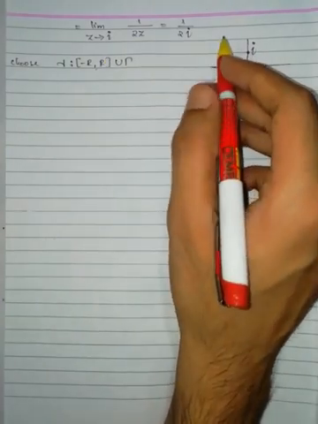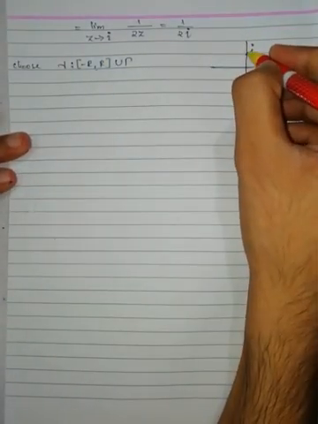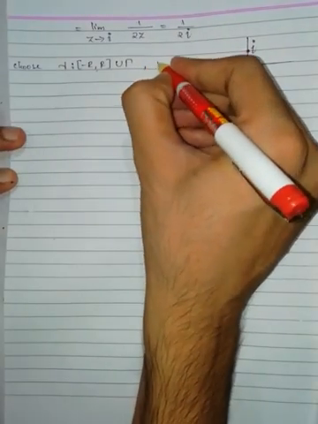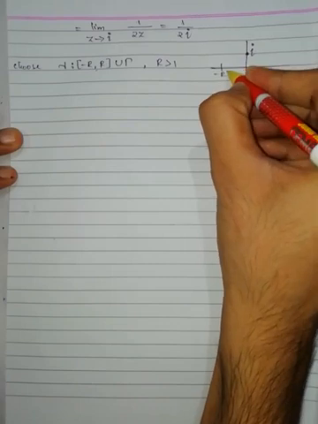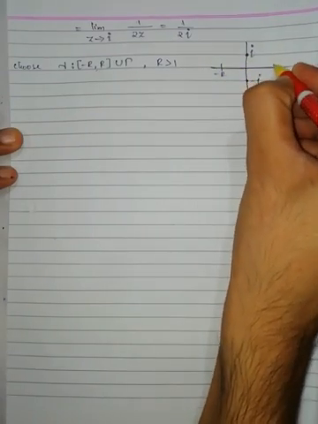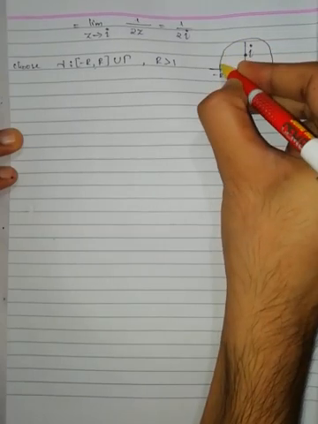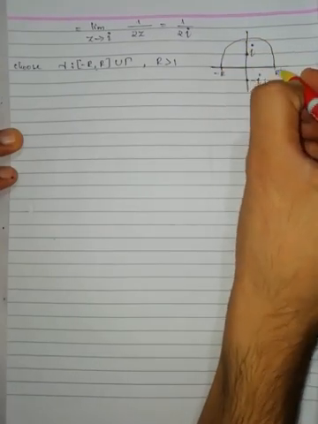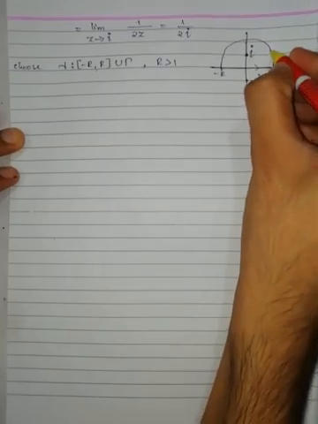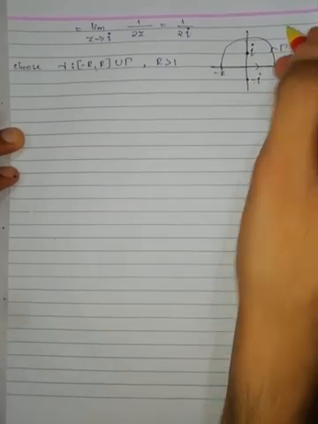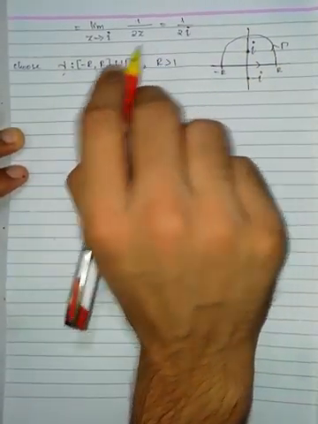Since the distance of iota from the origin is 1, I am going to take R greater than 1. Clearly this one lies inside small gamma.